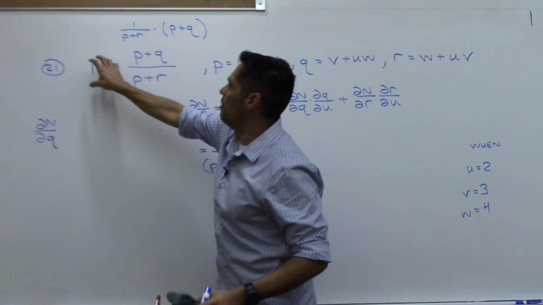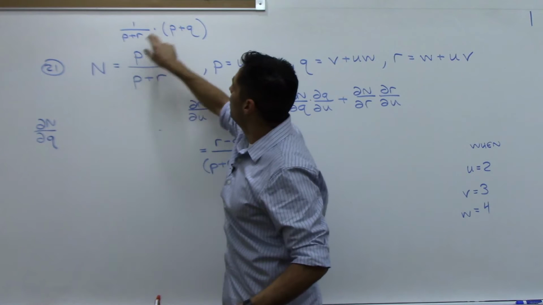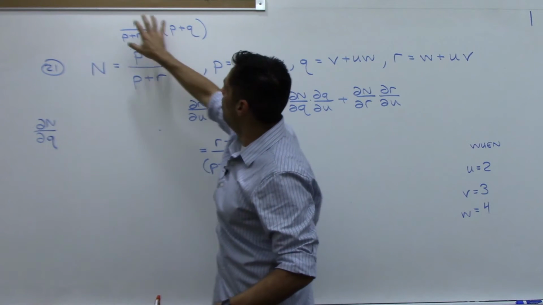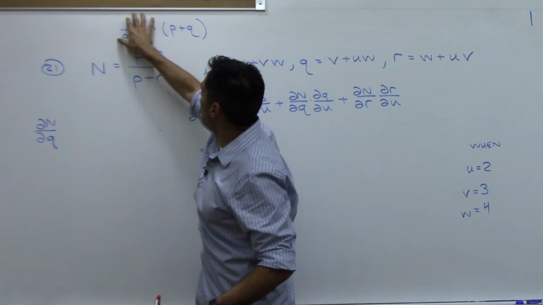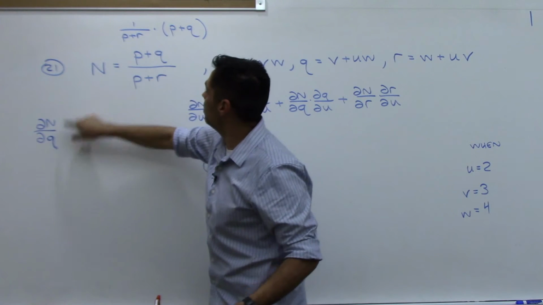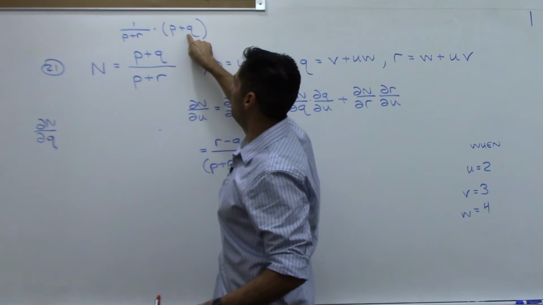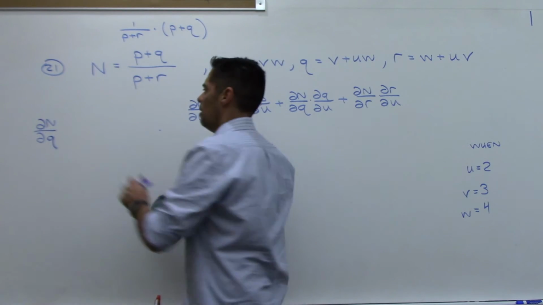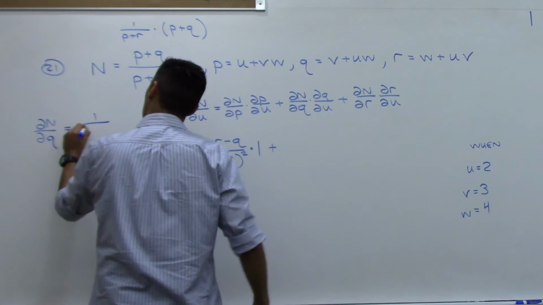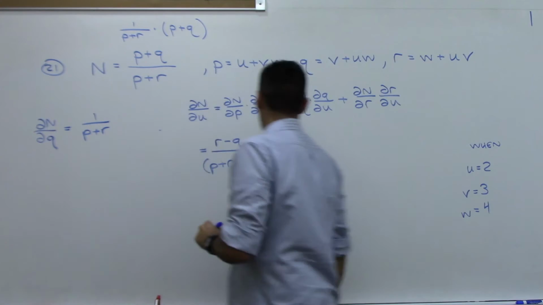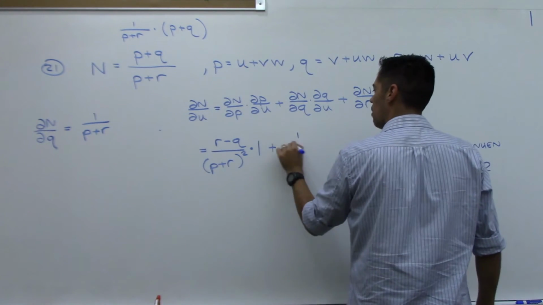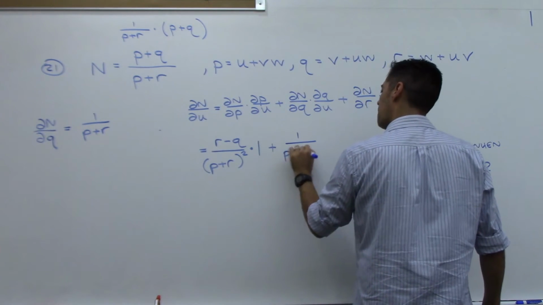This is just the denominator popped out front. That's a constant times P plus Q. So I'm going to hold off on the constant, bring it with me. The derivative of P plus Q with respect to Q is just 1, right? Because the derivative of P is 0, the derivative of Q is 1. So I get 1 times that. So this is just 1 over P plus R. So that's nice. That's 1 over P plus R.